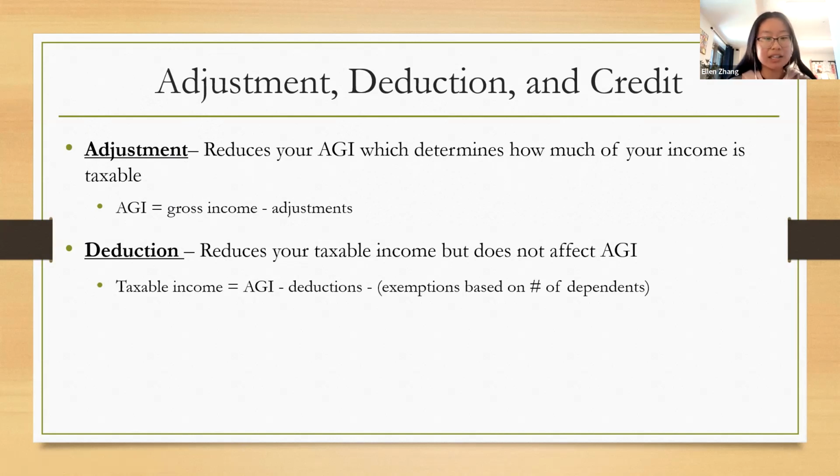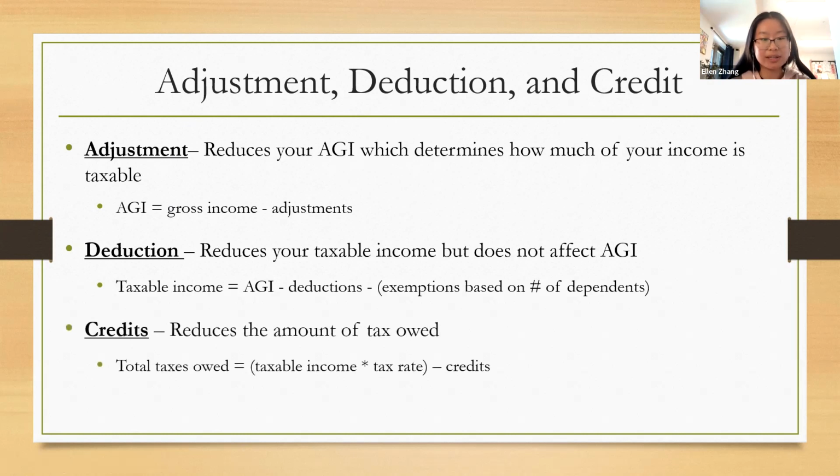And then finally, we have credits, which reduce the amount of tax you owe. So you could calculate your total taxes owed by taking your taxable income, multiplying that by your tax rates, and then subtracting credits from that. And that's how you figure out how much you owe in a certain year.